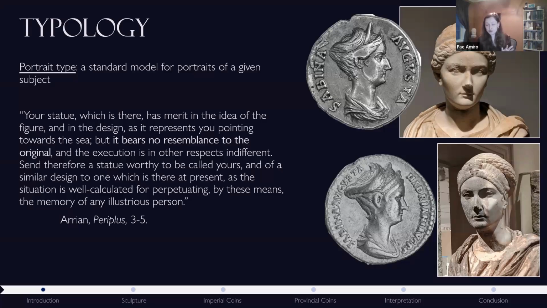We don't know exactly the form of these models. We don't have any source that tells us them, and we wouldn't probably know a model if we found one. There are different theories as to whether they were full-scale marble heads, or plaster or perhaps clay, so something cheaper, lighter, easier to transport.